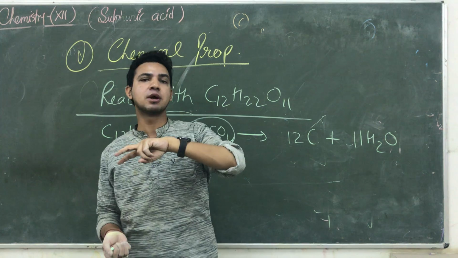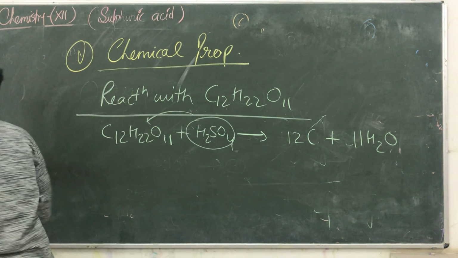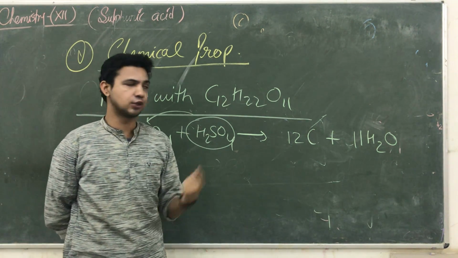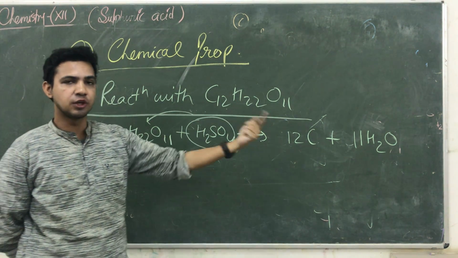So that's why that compound is known as a carbohydrate. So the sulfuric acid is behaving like a dehydrating agent क्योंकि जितना भी वाटर था उसने ऐड करके क्या मिक्स करके रिमूव कर दिया.